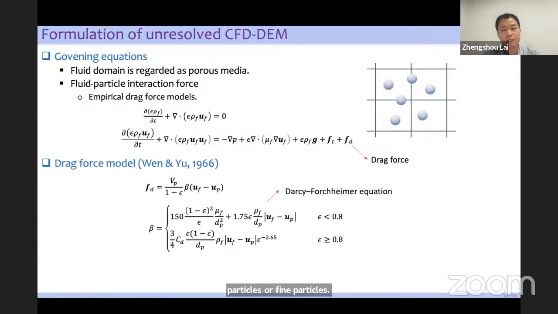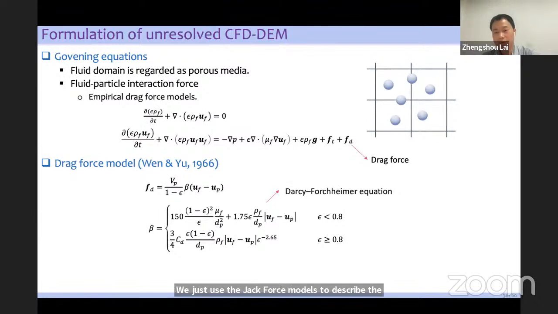So here is a brief introduction about the formulation of unresolved CFD-DEM. For the governing equations, that's very basic, the NS equations, so I will skip the details. For the unresolved CFD-DEM, we just use the drag force models to describe the interaction force between particles and the fluid.